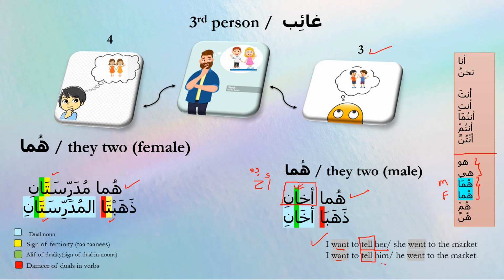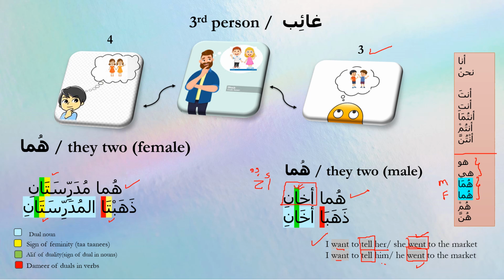For example, "she went to the market." You use the same verb "went" for the female, and you use the same verb for the male: "he went to the market." Is there any difference between "went" for her and "went" for him? No, there is no difference. But there is a difference here: ذهبت and ذهب.